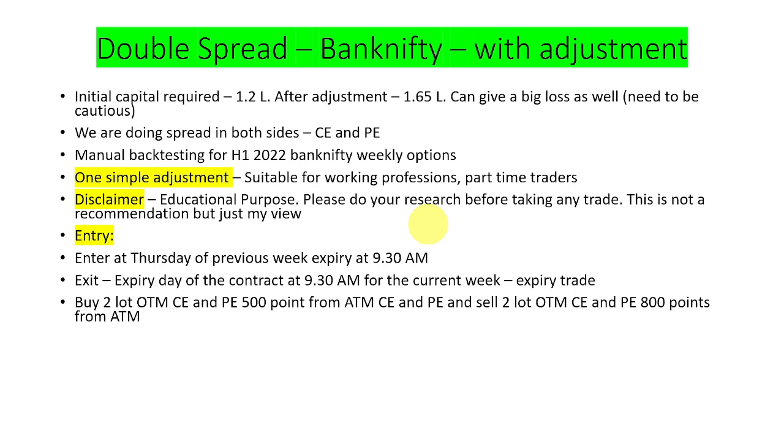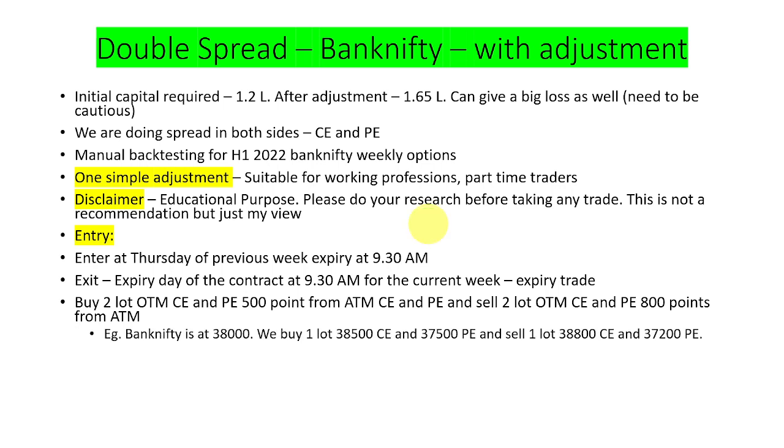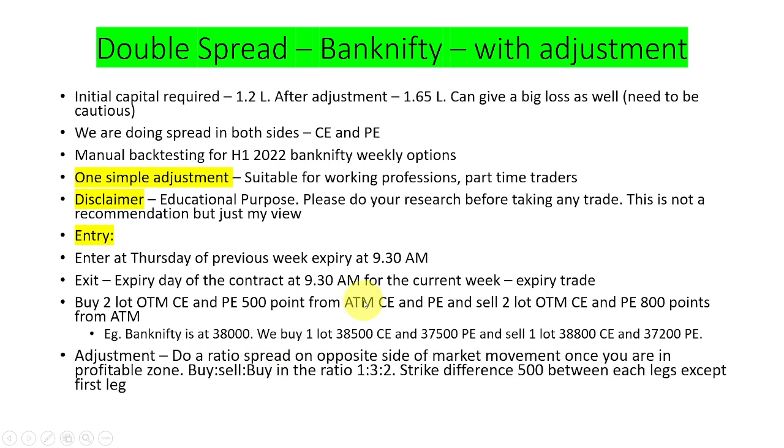In that video you would have seen us buying one lot, but here we are going to do 2 lots, because the adjustment part is going to be in a ratio where we need to have at least 2 lots each. So here we are going to buy 2 lots of OTM call and put 500 points away from the strike, and we'll be selling the OTM call and put 800 points away.